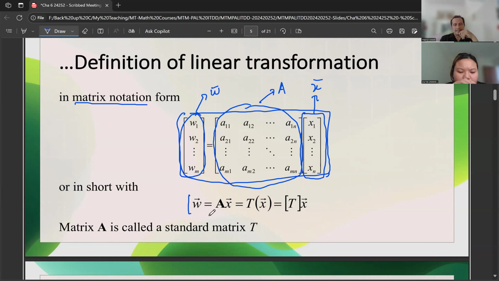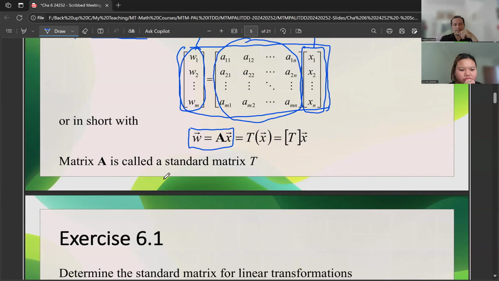So we have w vector is equal to A times x vector. Sometimes we also use this symbol, in this case A is equal to matrix T. And this matrix is called the standard matrix.